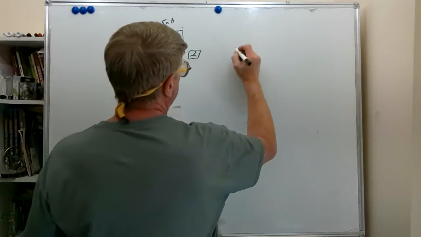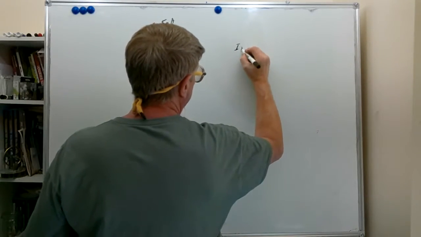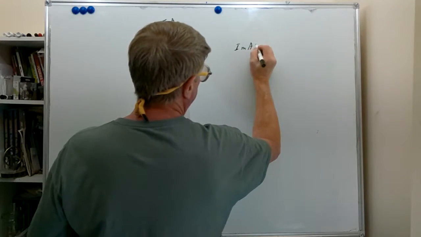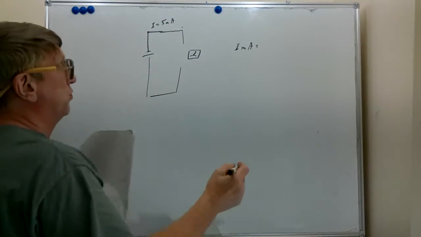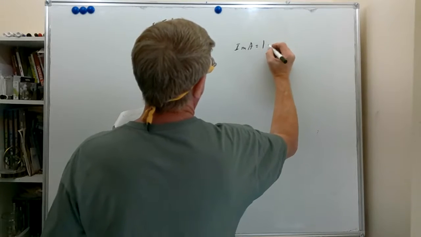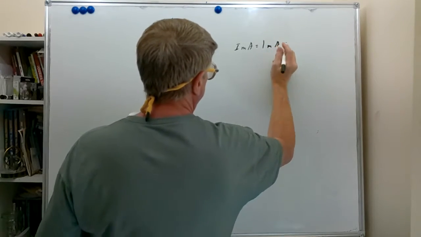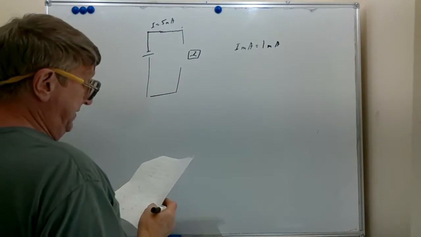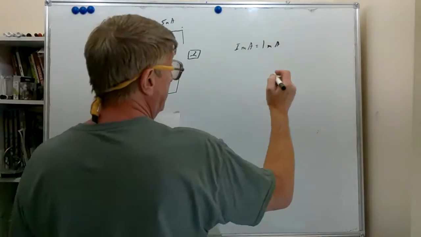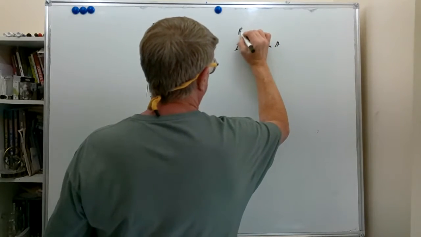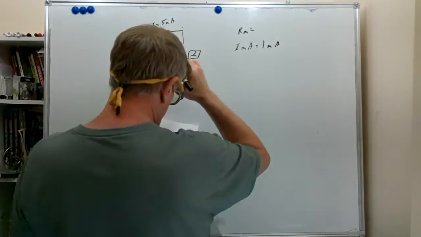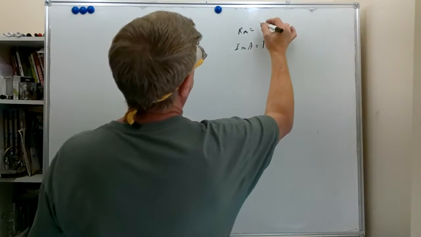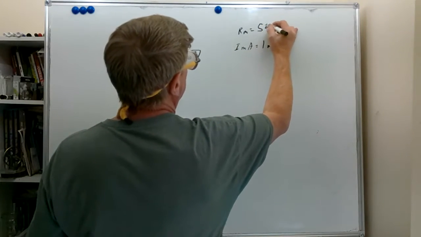We only have a 1 milliamp. I am the current full scale deflection of the meter, 1 milliamp. And we're also going to need the resistance of the meter, so we'll put that here. Resistance of the meter equals 50 ohms for this particular 1 milliamp meter movement that we're using.